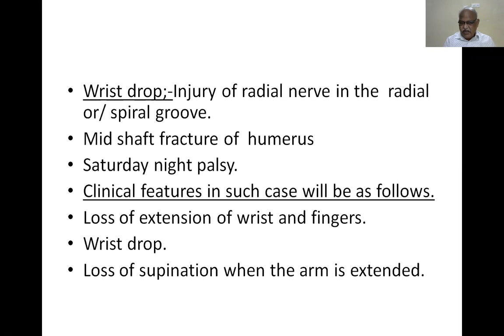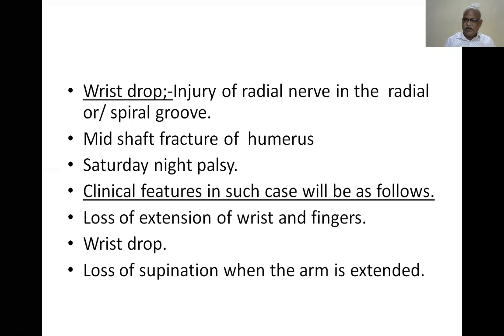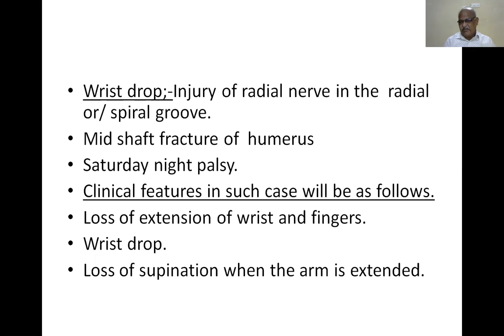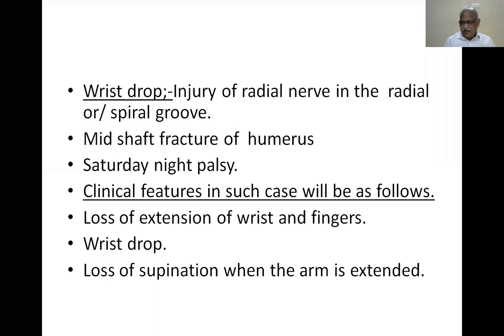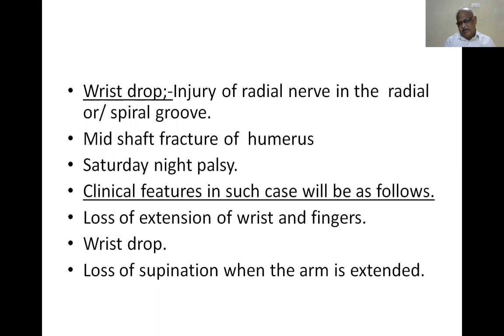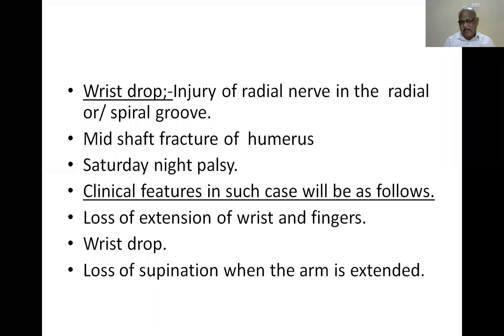And also in the elbow, the radial nerve can be injured at the level of elbow. So three levels of injury can occur to the radial nerve. Radial nerve is a posterior compartment nerve and it is an extensor nerve.